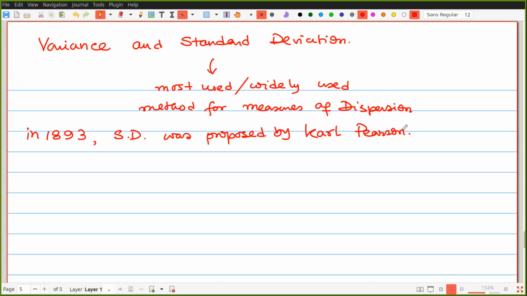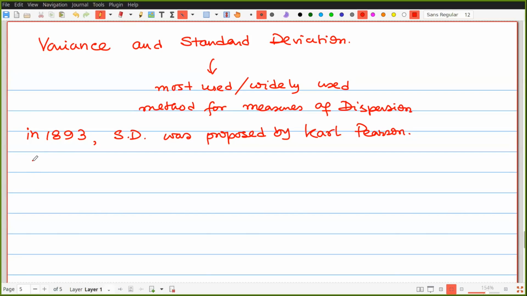And in statistics or any other type of calculations, the standard deviation or the variance is very much important. In biochemistry, in astronomy, where each and every thing is there, the standard deviation is a very important part of calculation.